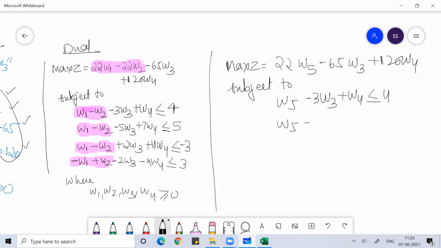Then W5 minus 5 W3 plus 7 W4 less than equal to 5.